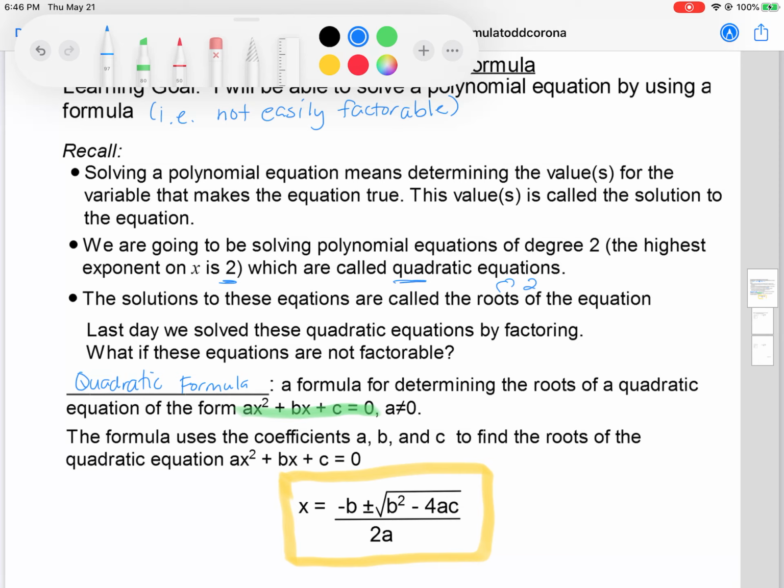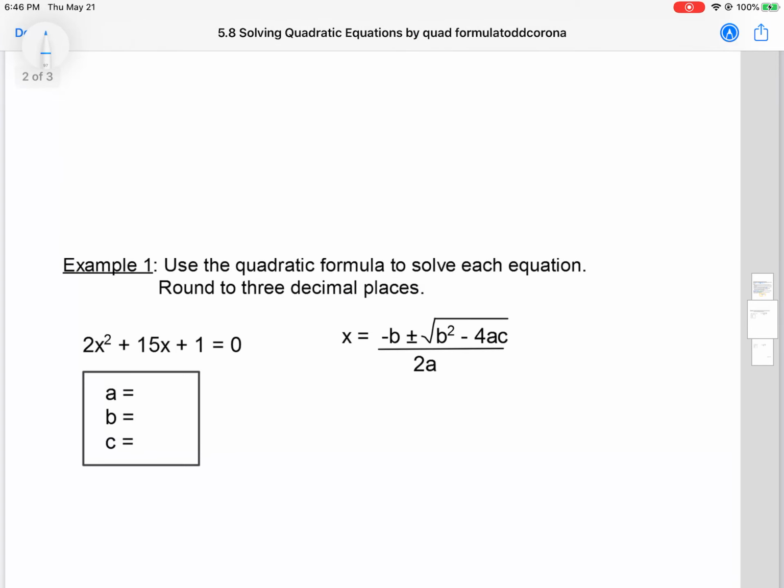Okay, so I have been using that word. There are questions where you need to rearrange first. Sometimes they're just straightforward. The good news is you don't have to worry about dividing by a common factor or trying to use decomposition or any of that.